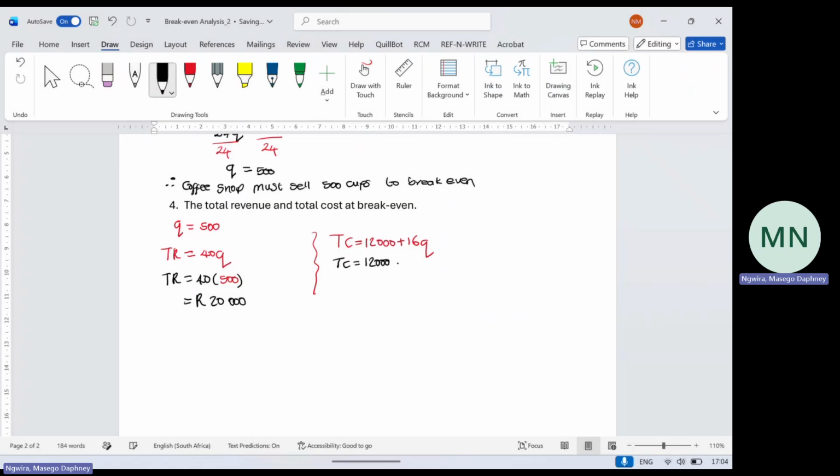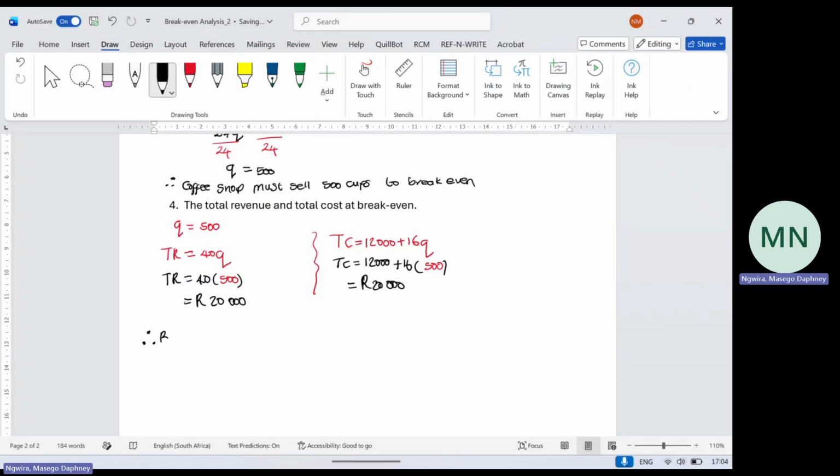So this is 12,000 plus 16 times 500, and therefore our total cost will be 20,000 Rand. Then it proves our point: at break-even, they must be equal. So they break even when total revenue is equal to 20,000 and total cost is also 20,000.